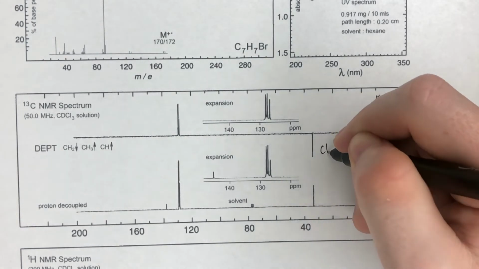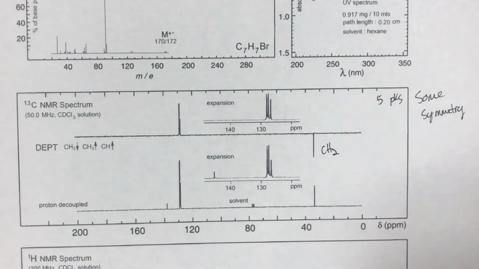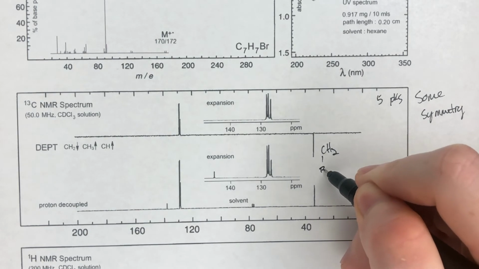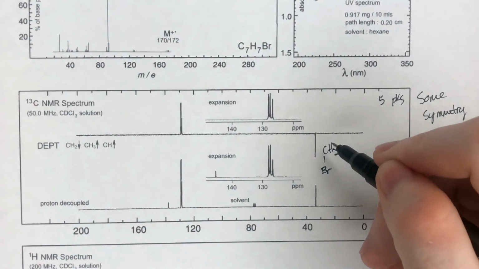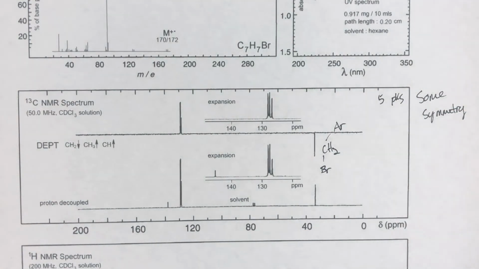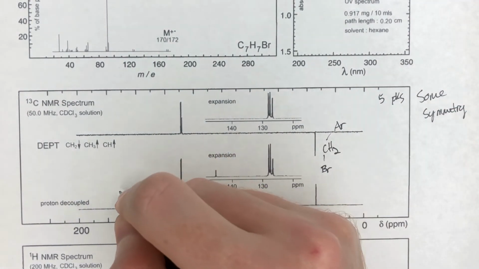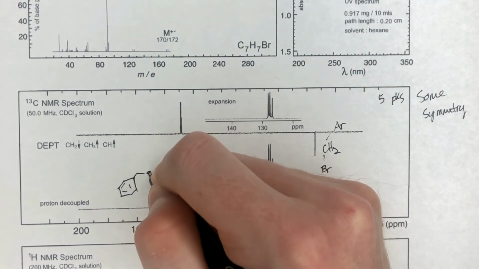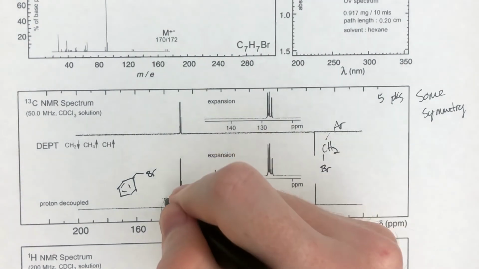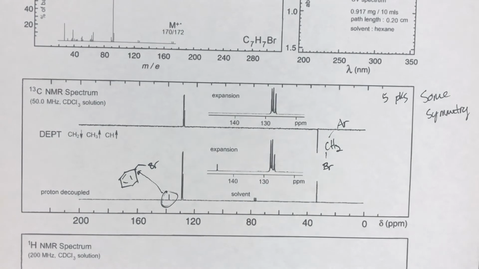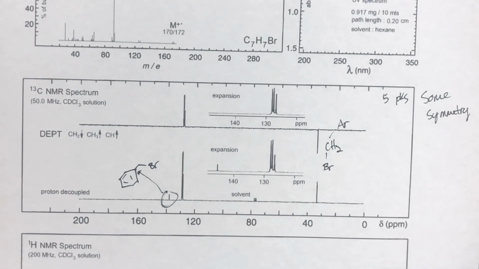Then we have a CH2 group here that is shifted somewhat downfield, but not extremely heavily. So that means this is probably bound to the bromine. And then that means it must be bound to the aryl group because we know we have benzene. So that means likely that this is our structure, where this quaternary carbon is this one here. And then the other 3 are just the symmetric benzene carbons from that ring.